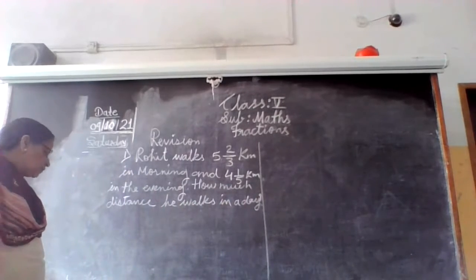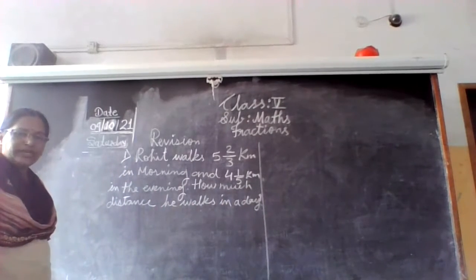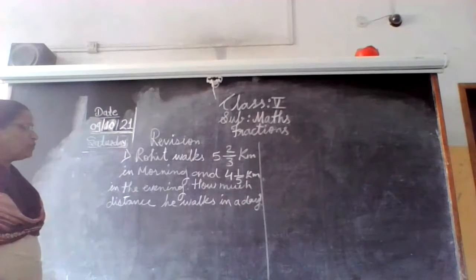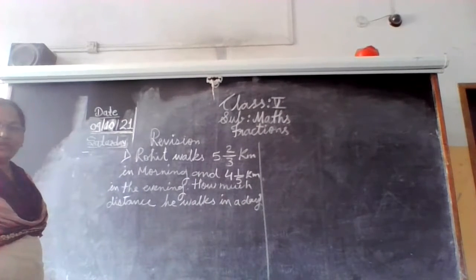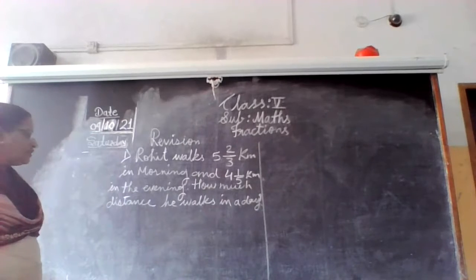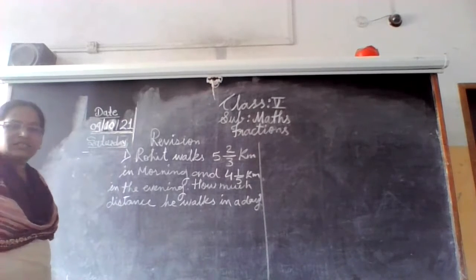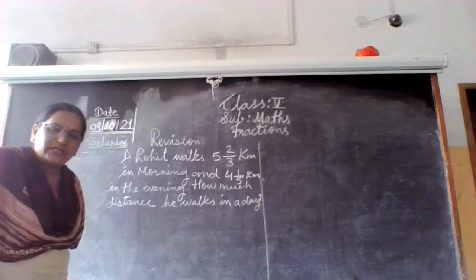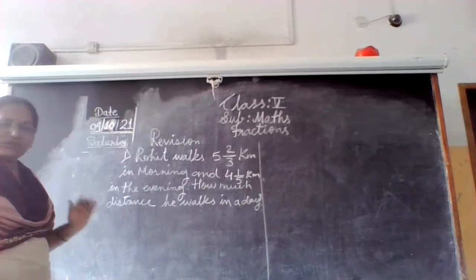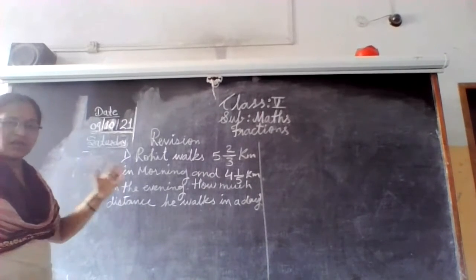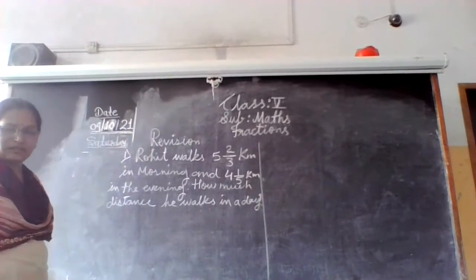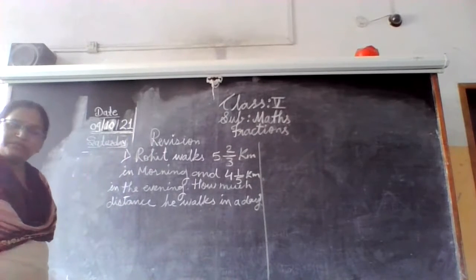Okay. So what is it, beta? Rohit walks 5 integer 2 upon 3 kilometer in the morning and 4 integer 1 upon 5 kilometer in the evening, and you have to find the total distance walked by Rohit. So total distance means what you have to find? You have to find the sum of the distances. Okay, sum means plus.